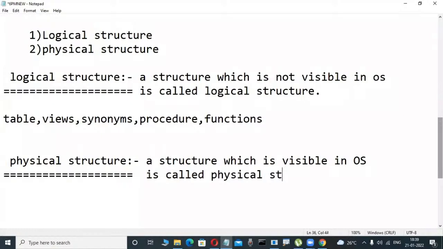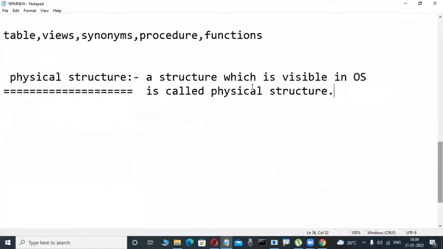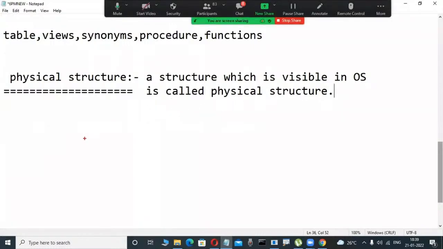Who are the persons working in this physical structure? It's a big concept. I'm telling the definitions only, because today I'm telling you which definition of database is correct. Now check it out. A structure which is visible in the operating system is called a physical structure. Suppose I am installing software, you are installing software, some physical files are created on the disk. Suppose PowerPoint, MS Access, Word, anything we are loading, physical files are created.